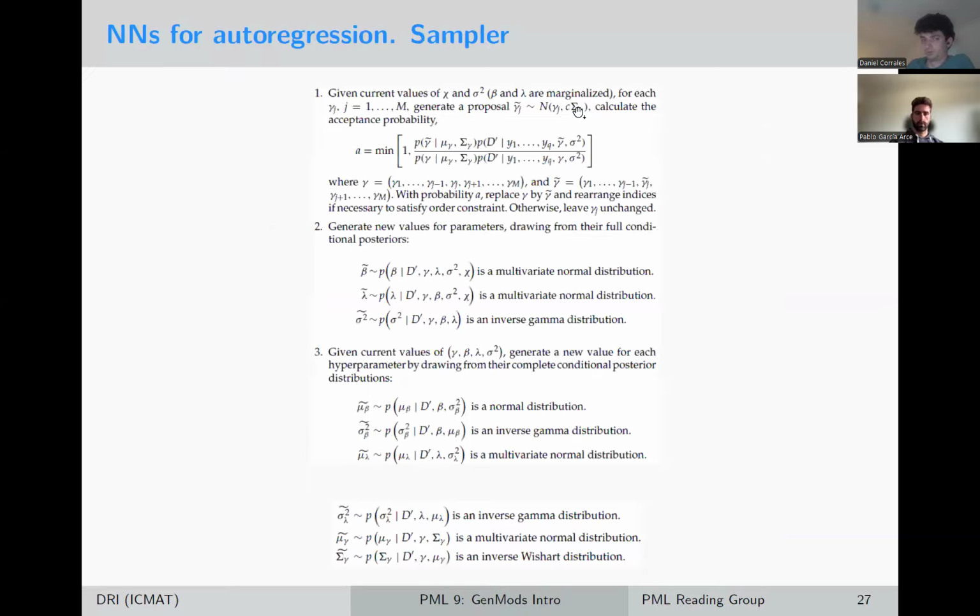The problem is that these quantities become very difficult or very costly in larger regimes. And that's why we need to do other things like variational inference in large models.